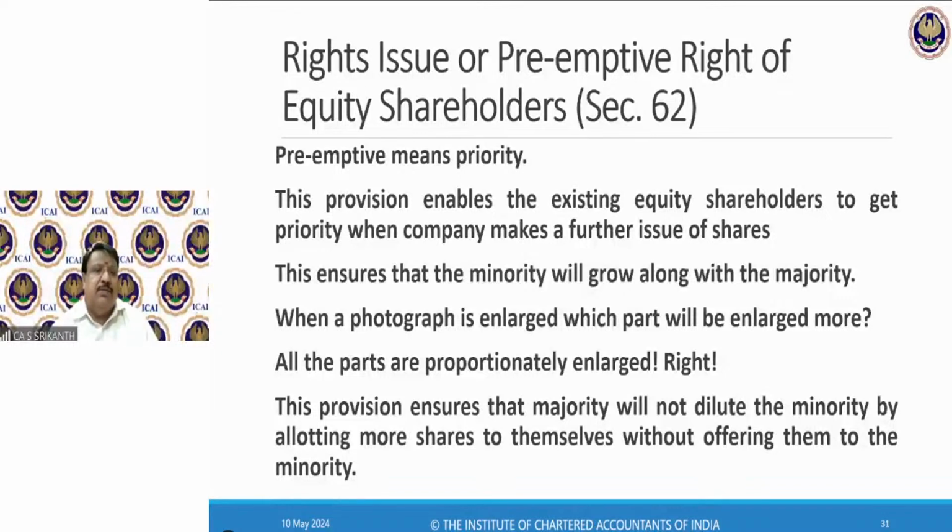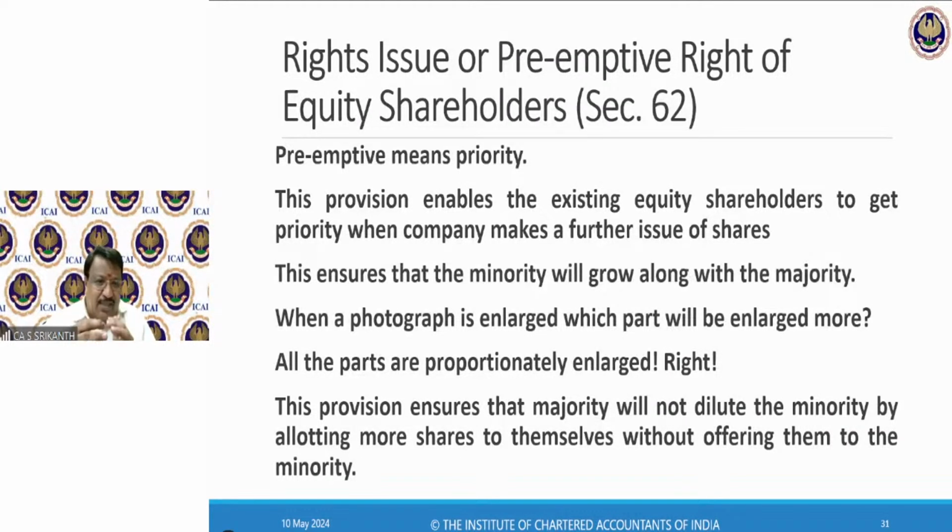To prevent this, the law says, whenever a company goes for a fresh equity issue, the existing shareholders should be offered these shares in the same proportion as they are currently holding. My guru, Professor K. Sanataraman, always used to ask in the class, when a photograph is enlarged, which part will be enlarged more? Some student will answer, sir, head will be enlarged more.